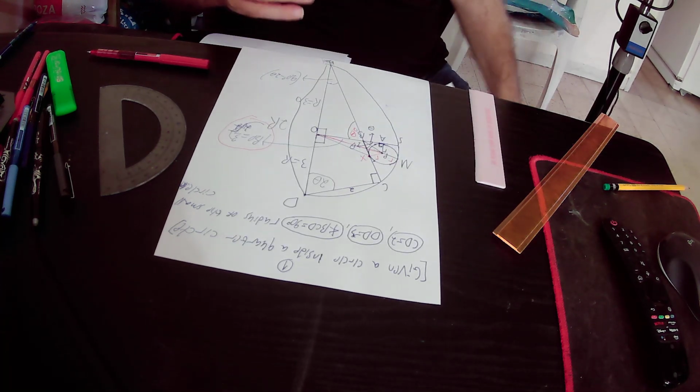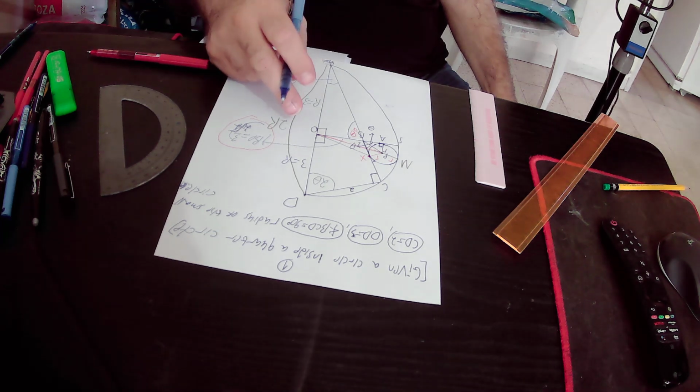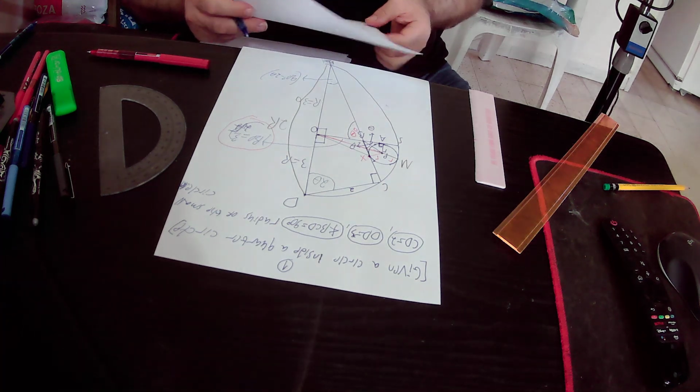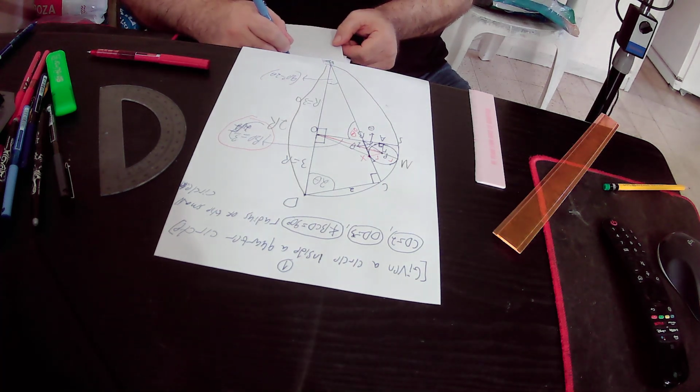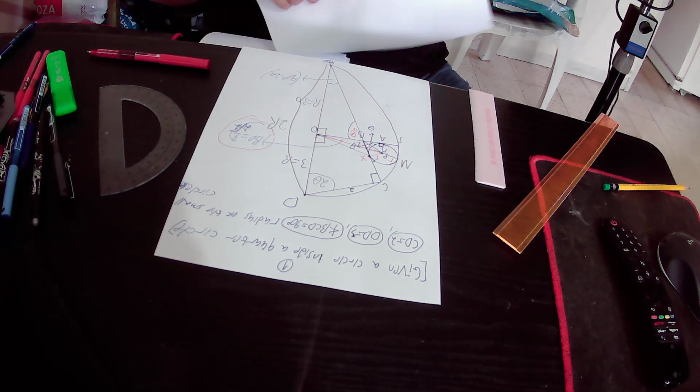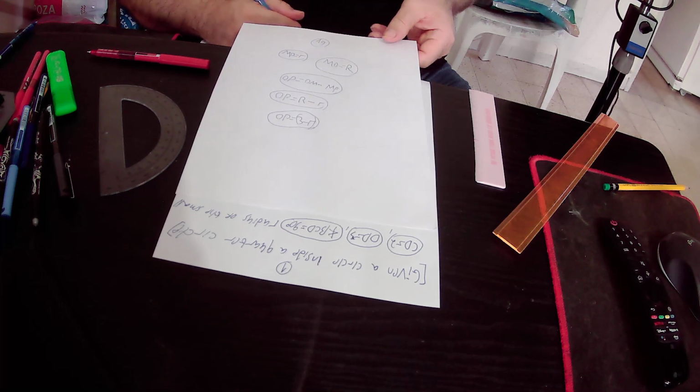But capital R, the radius of the semicircle, is 3 units. So OP equals 3 minus r.